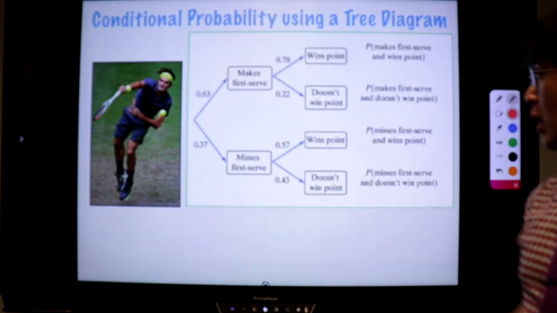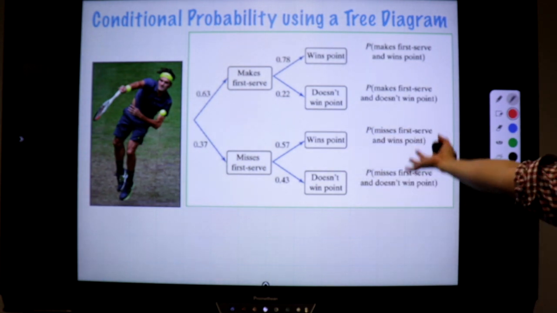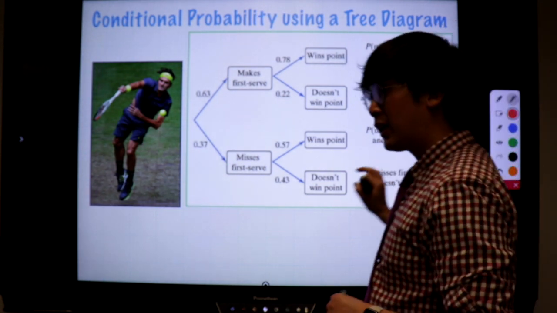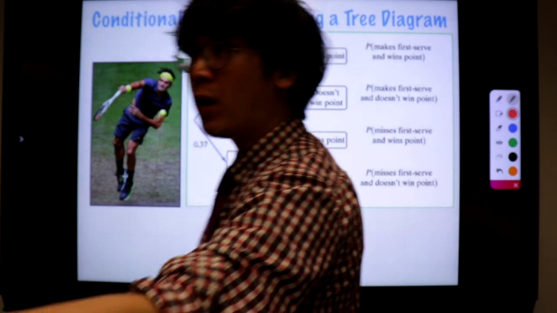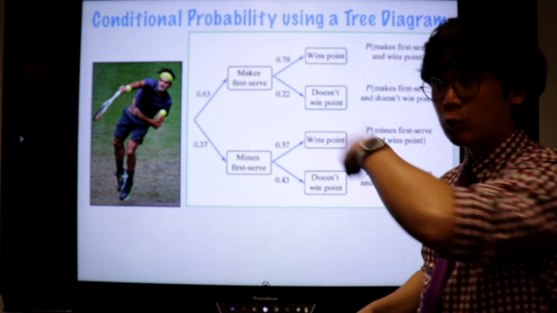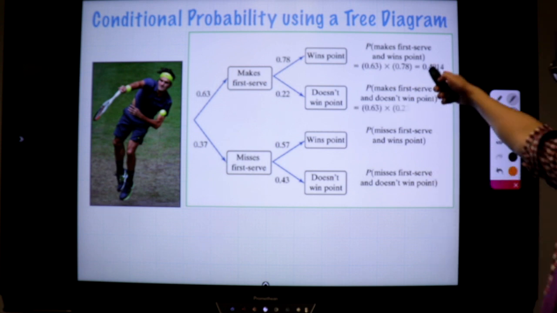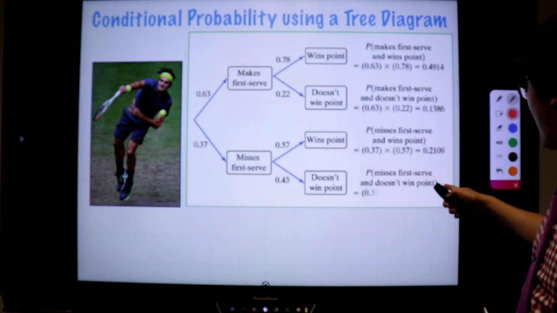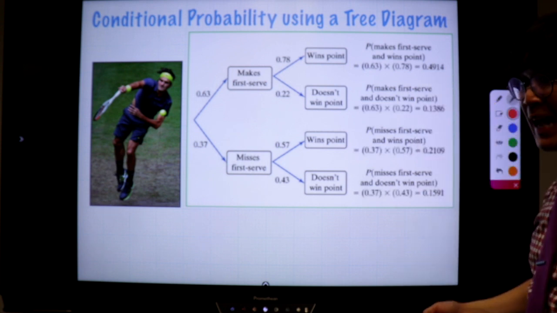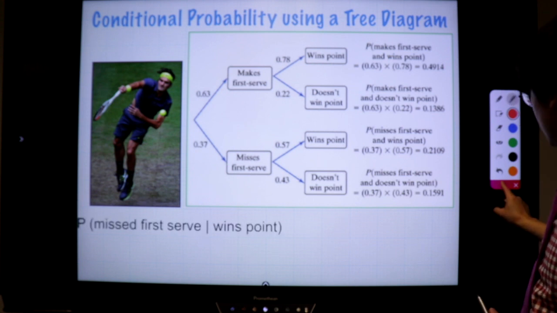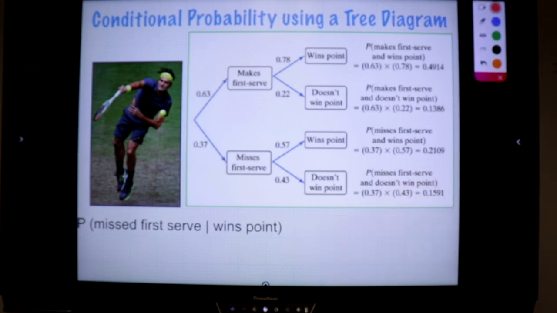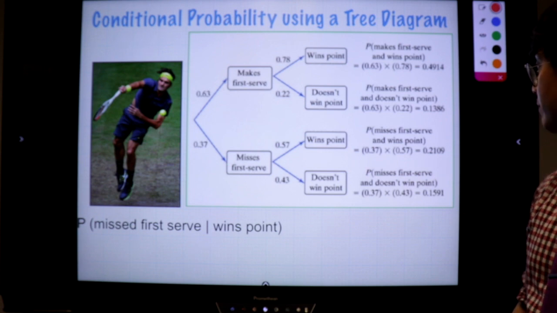So let's see if that's the right train of thought that we need to have for this problem. Here's our tree diagram, which is also in your book. If you want to review this, go to probability and you will have this particular problem. We're answering each one of them so that we'll be able to find all the values that we need for our sample space. And we're looking for missed first serve and wins a point, right?